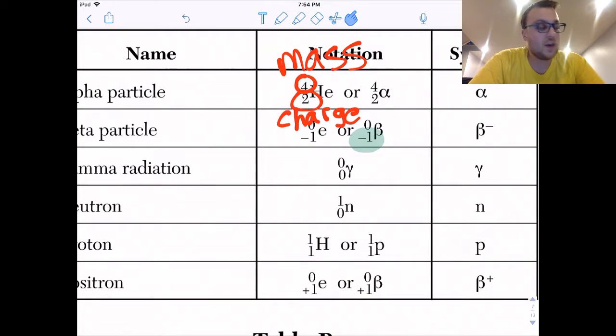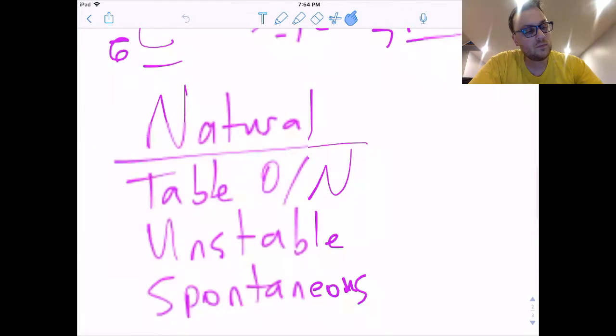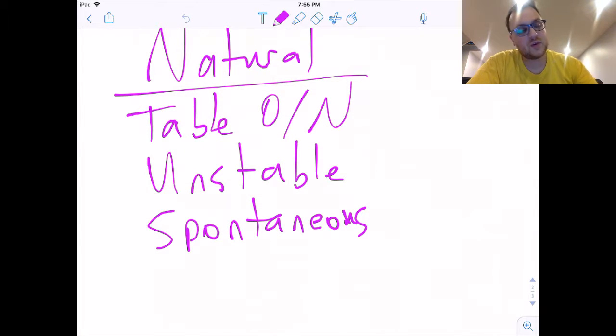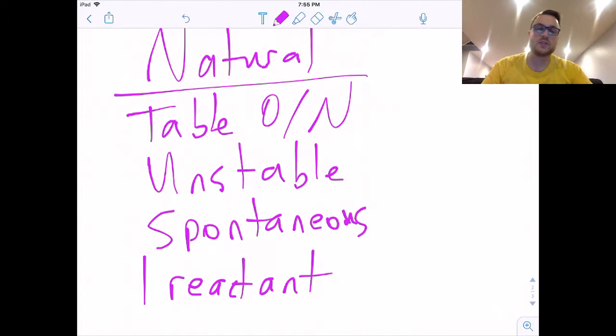And all their symbols and what they mean. So you don't have to memorize the symbols either. They're all defined for you right there. So, the biggest way to tell if it's natural, though, is it has one reactant. So I'm going to do an example of every single natural radiation that you would see on a test.